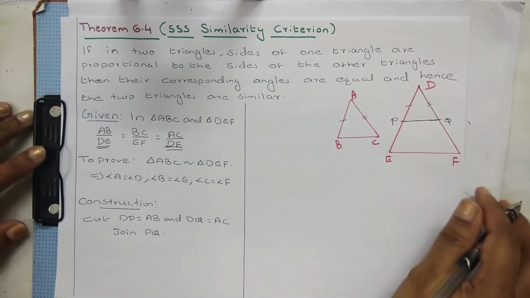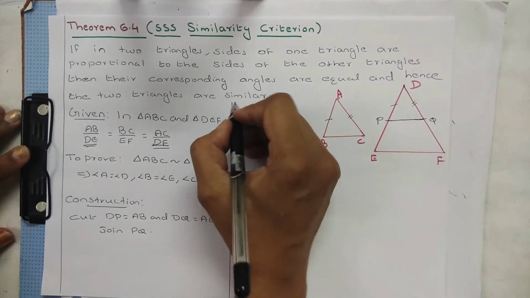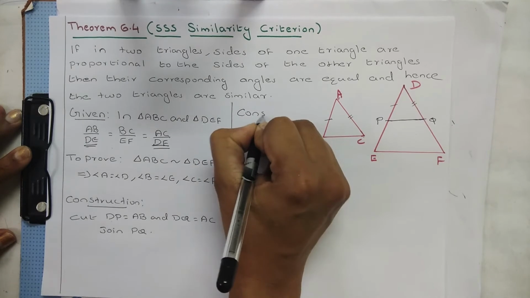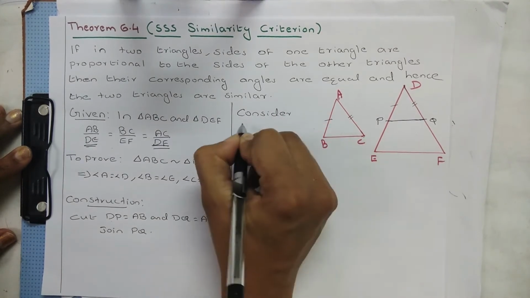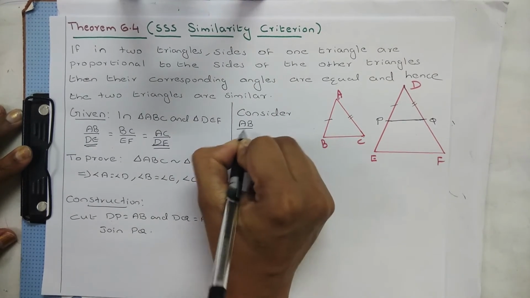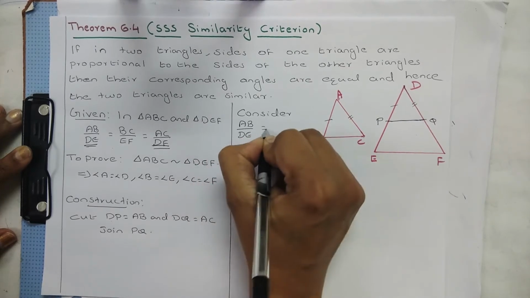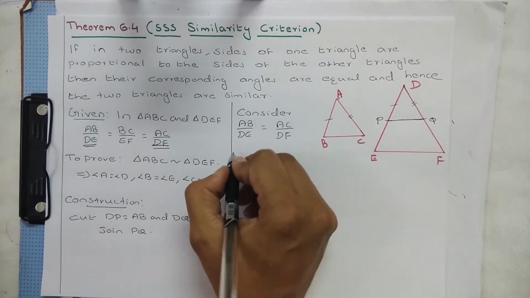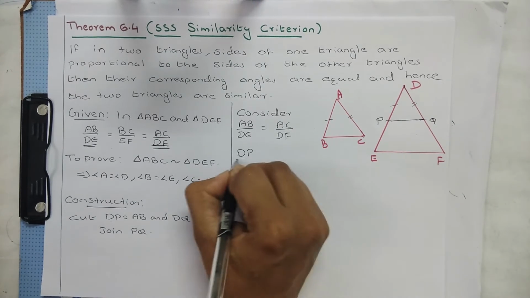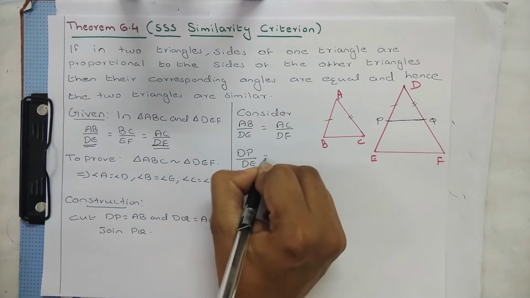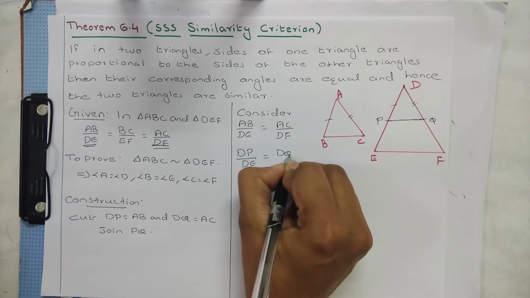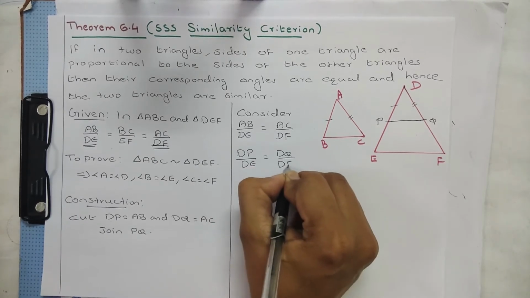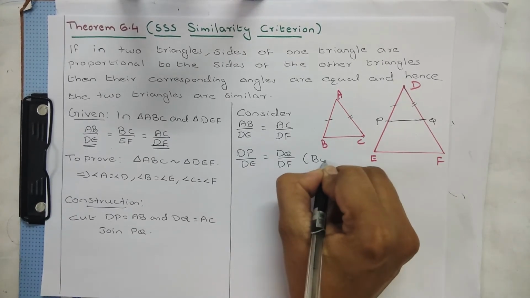So first you consider which ratios you are considering. AB divided by DE is equal to AC divided by DF. That changes into DP divided by DE is equal to DQ divided by DF by construction.